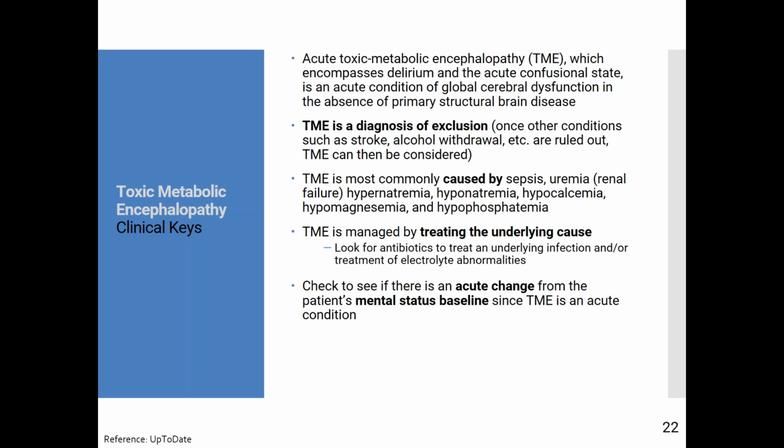Also, check to see if there's an acute change from the patient's mental status baseline, since TME is an acute condition. So if you're talking about your chronically ill patient with dementia, then it's very difficult to say, well, do they also have TME superimposed on their baseline dementia? It's very difficult to say in those cases, but this one, it's a little more straightforward.